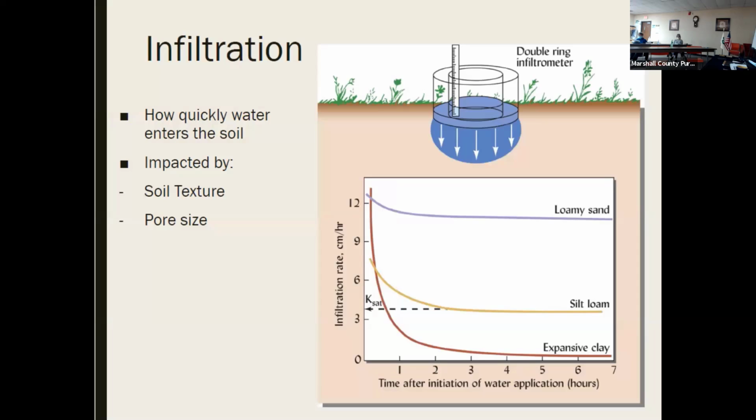And again, the infiltration is an important aspect of this soil texture, soil structure. So as we move from a loamy sand, you can see that it will move into the soil fairly rapidly. This is infiltration rate in centimeters per hour. So in 1 hour, I get 12 inches of movement.